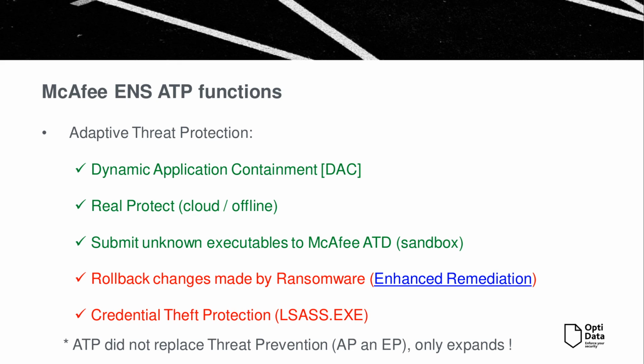And also Adaptive Threat Protection gives you a technology called enhanced remediation, or in short, the possibility to roll back changes which were made by ransomware. We made a video about that, and I will switch tabs to show it later when I finish this slide.